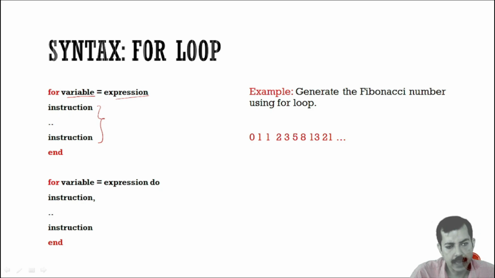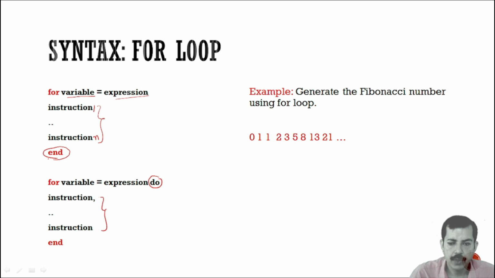Until and unless this expression is true, it will execute these instructions, instruction 1 to instruction n. In another way, someone can use the do command, but both are similar. Now the for loop ends, similar to your earlier statements, every statement ends with end.